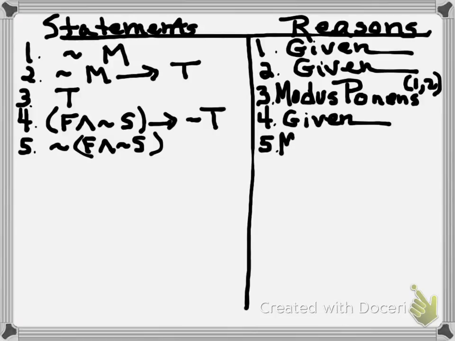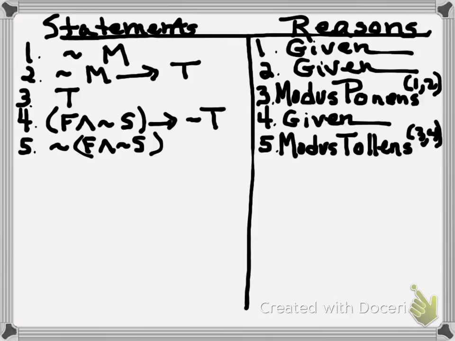Modus tollens. The negation of the conclusion means the negation of the hypothesis. The reason, because the contrapositive is logically equivalent to the conditional, and what we're forming above to below the line here is the contrapositive of the original.